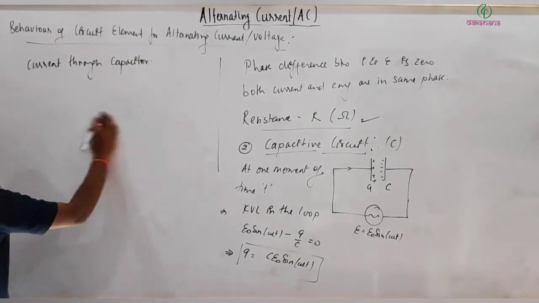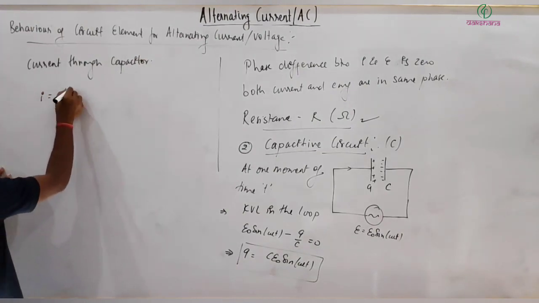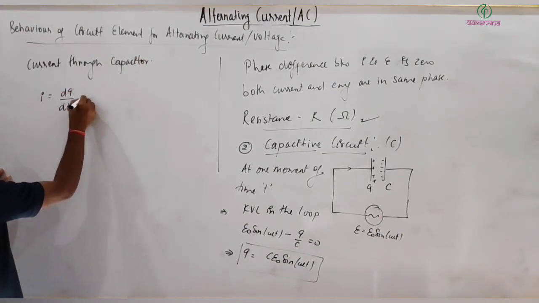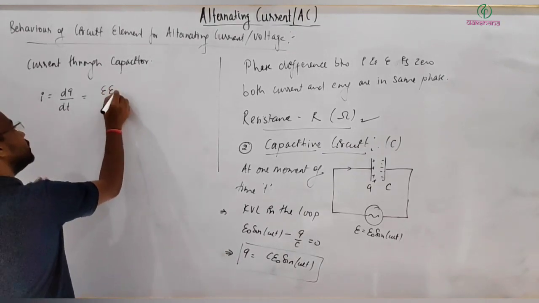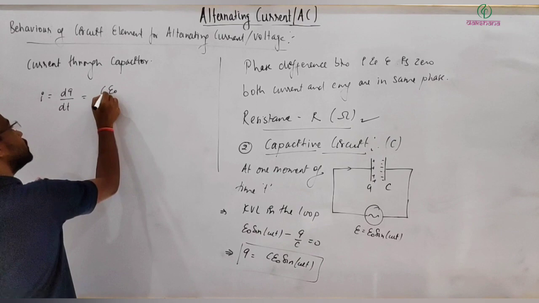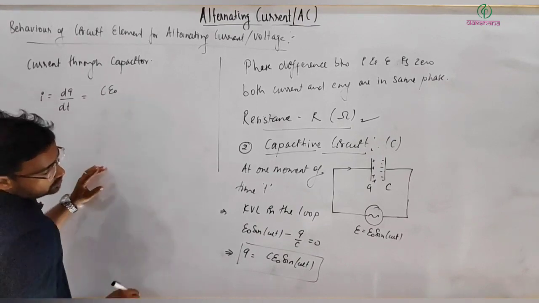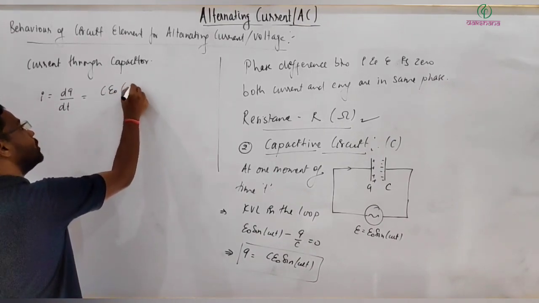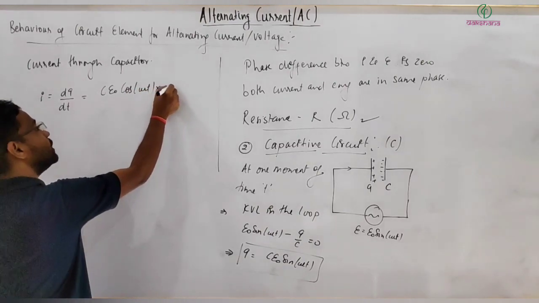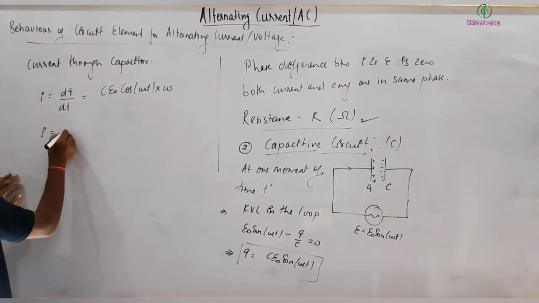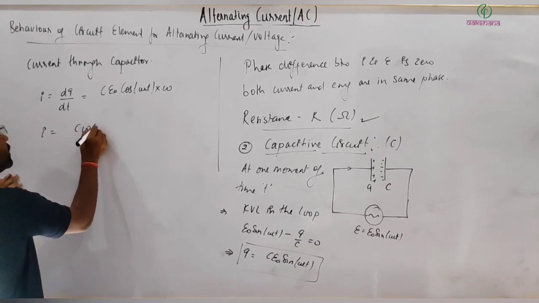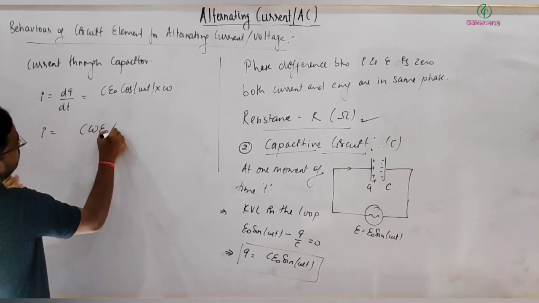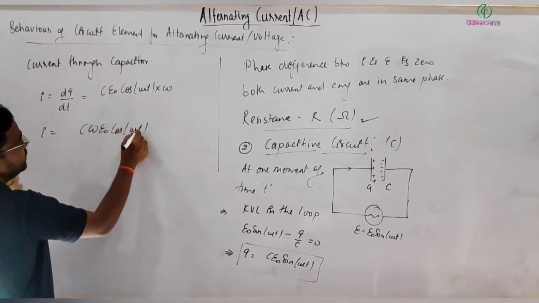So this is the charge, then I can write the current through the capacitor as I is equal to dq by dt, and the differentiation of this comes out to be C E naught, the differentiation of sine is cos of omega t multiplied by omega, so I comes out to be C omega E naught cos of omega t.